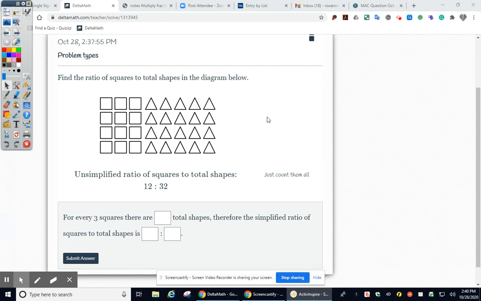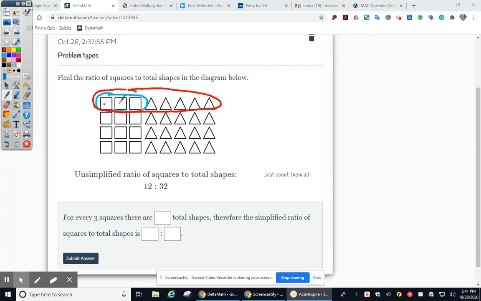So I'm going to show you here. So it says for every 3 squares, so I'm just going to look at my actual squares here. There are 3 squares. There are how many total shapes? So again, I'm going to look at just my row here, and I'm going to count.